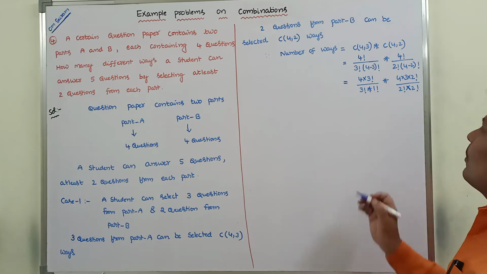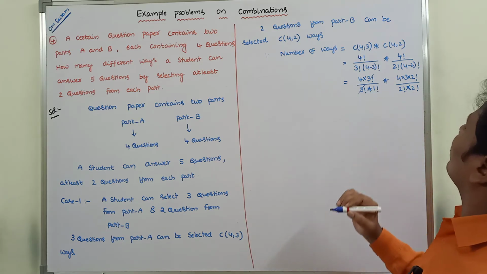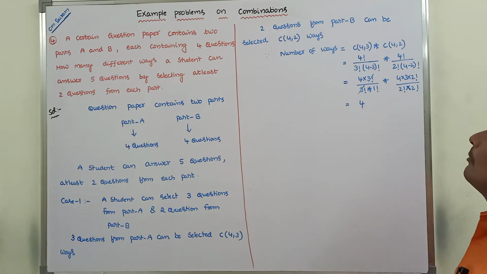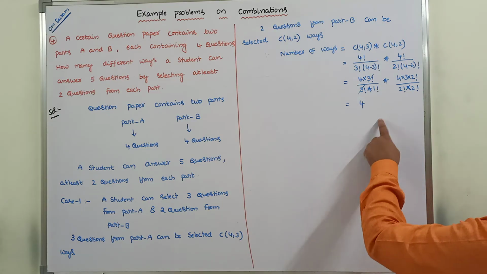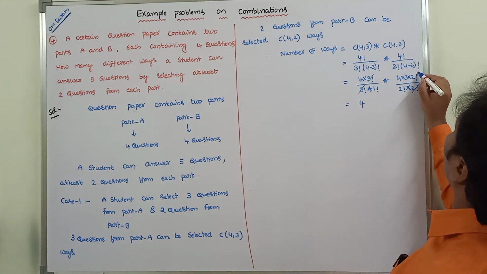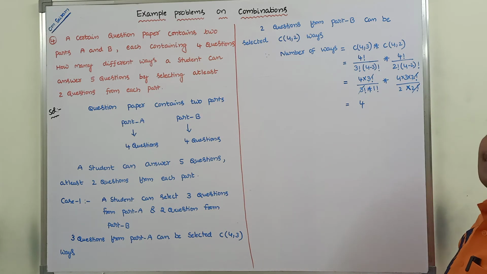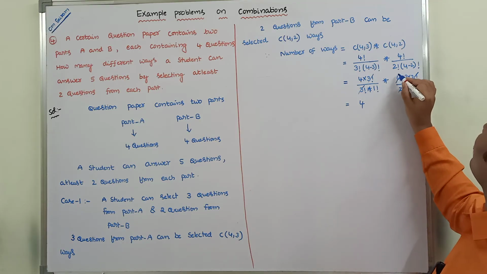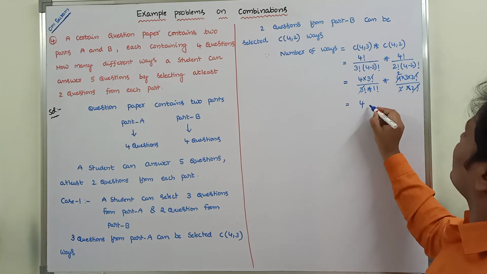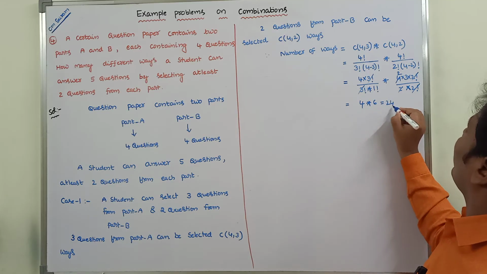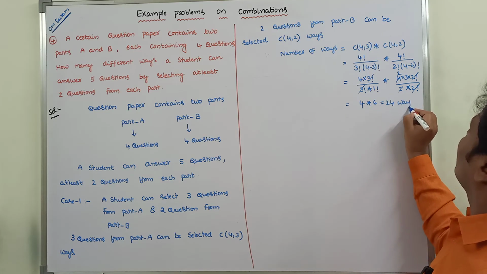The 3 factorials cancel, so 4 by 1 is nothing but 4. The 2 factorials cancel, and the remaining 2 factorial is 2, so 3 into 2 is 6. So 4 into 6 is equal to 24 ways.